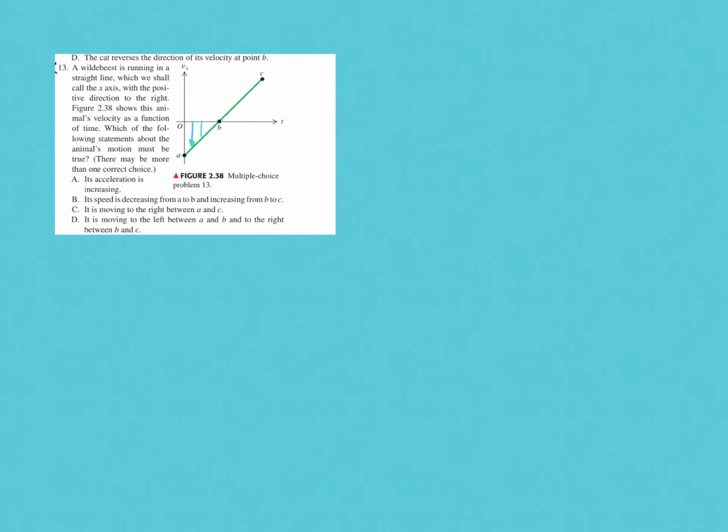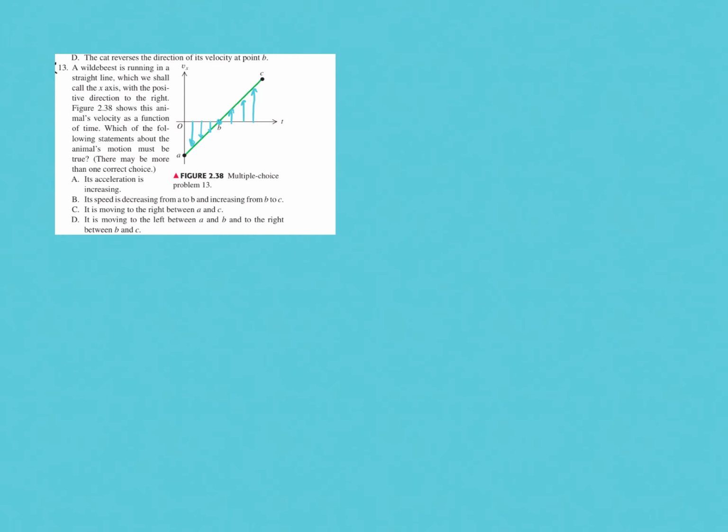As time passes, the velocity is also negative, but bigger in magnitude. Later on, the velocity is 0. Now the velocity is positive, and increasing. So the velocity is always increasing.